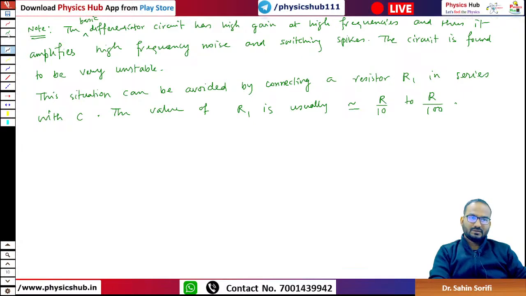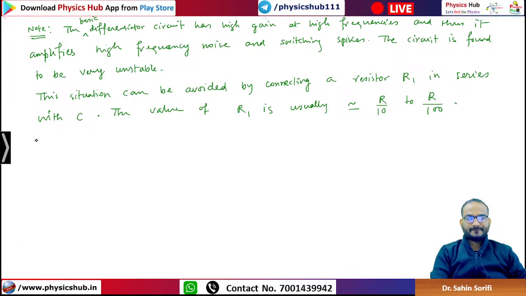Now what does this R1 do? The resistor R1 limits the high frequency gain.